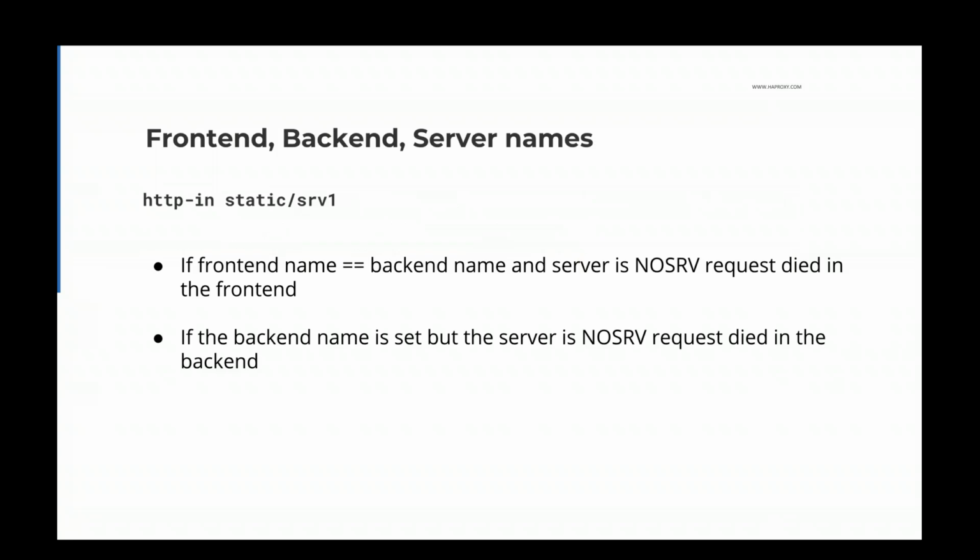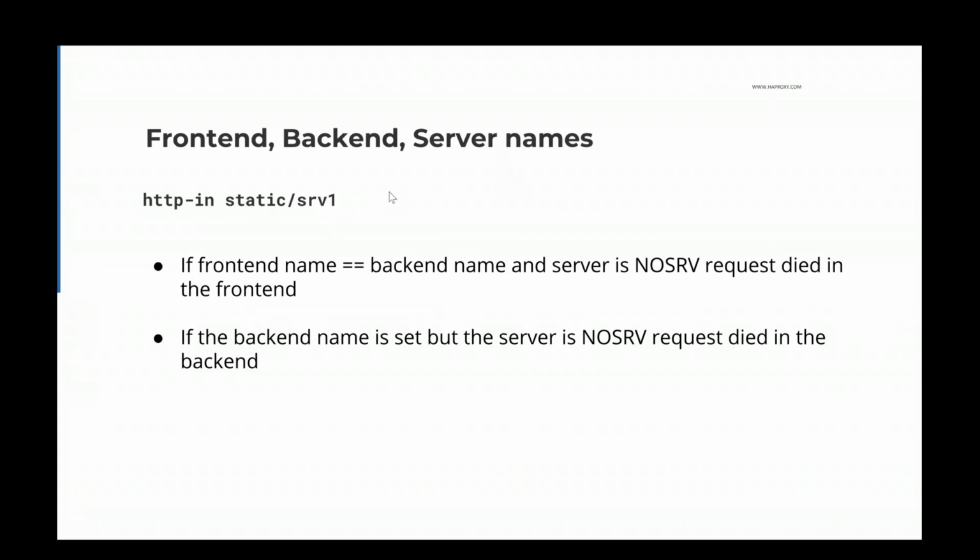So, this is relatively self-explanatory, but I want to give a special note to it because it is relatively important. In the logs we have the front end name, so the name of the front end which the request came into, and the name of the back end and the name of the server in the back end that was selected.